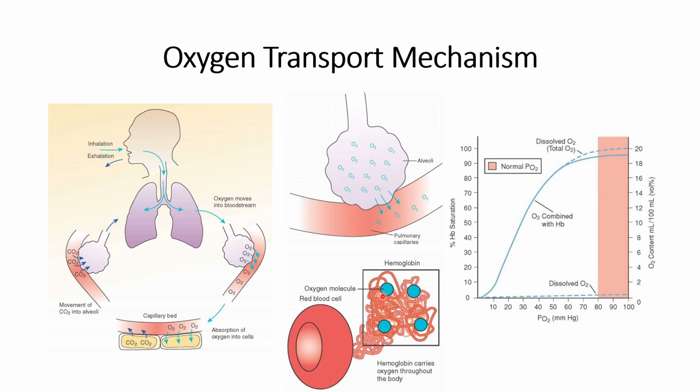So hemoglobin is very important in order to have sufficient oxygen in different parts of the body, especially in tissues, as they are more sensitive to oxygen.